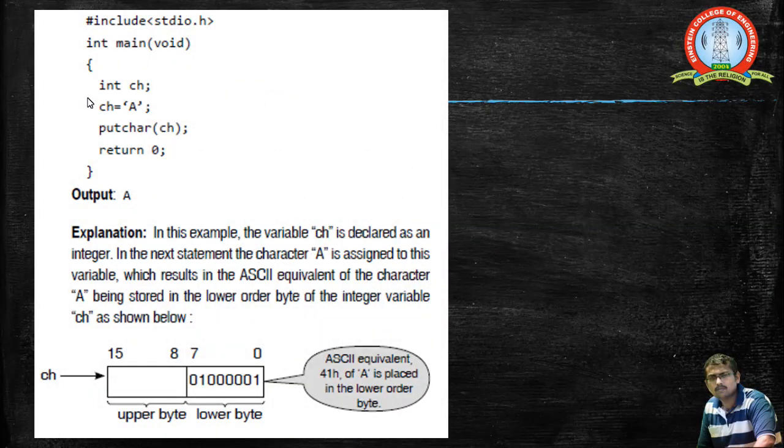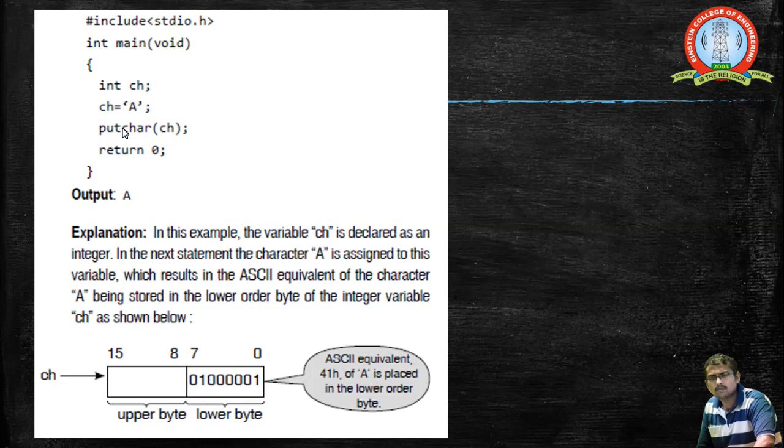Now you see, this is an example you have already seen. I am declaring a variable named ch as an integer, and I am trying to store a capital A, which is a character, in this ch. But actually this ch has been declared as an integer.